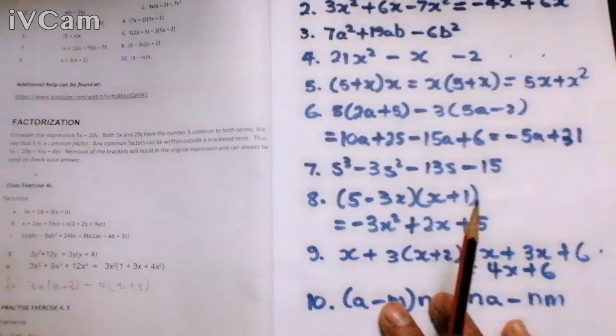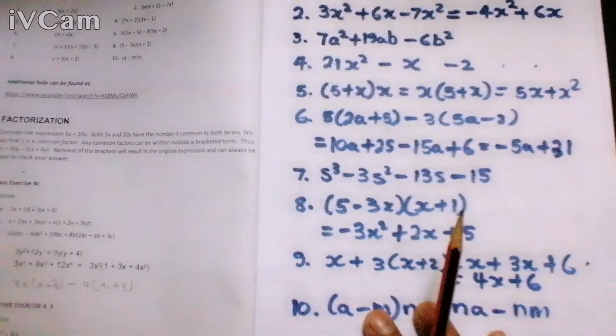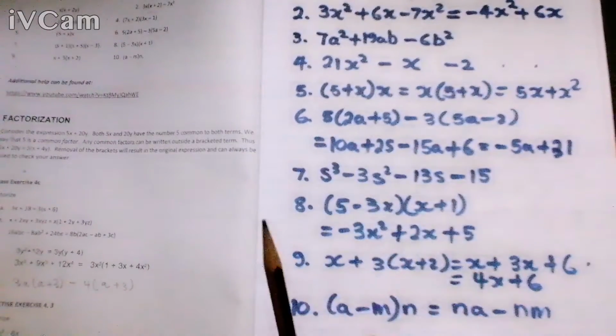Moving on to the next section, which is factorization. Factorization can be viewed as the opposite of products. And remember, in the previous section we started off with brackets and ended up with expressions, and in this case you start off with expressions and your answer would have brackets in them.